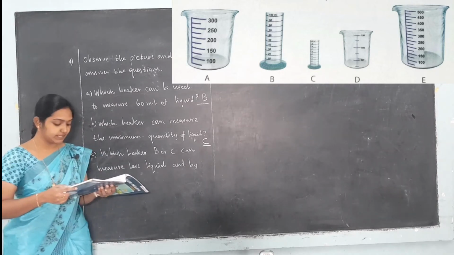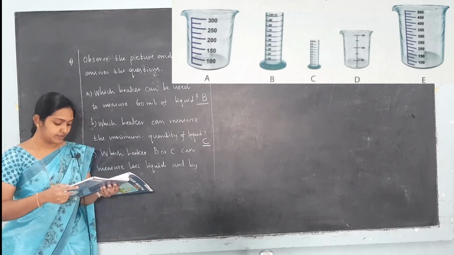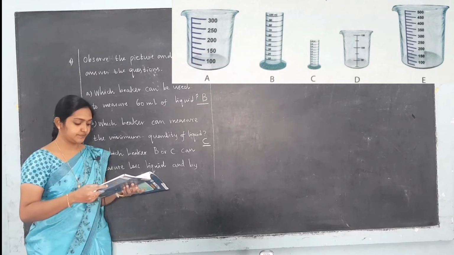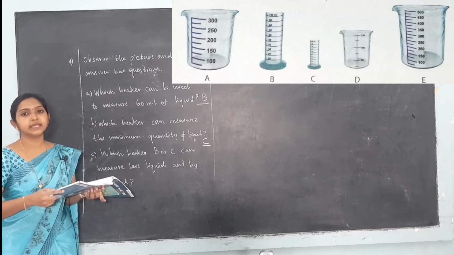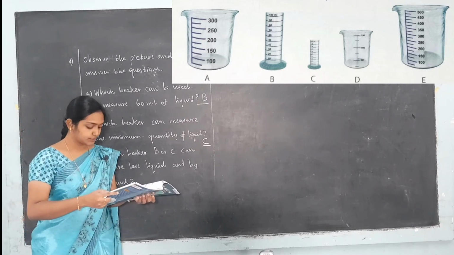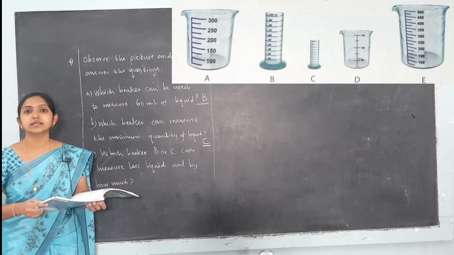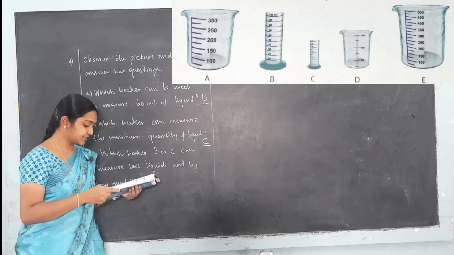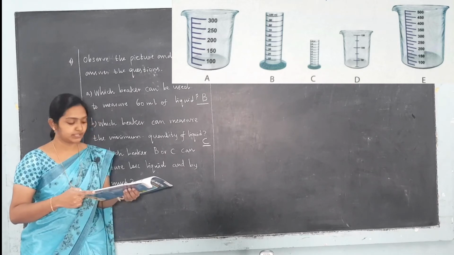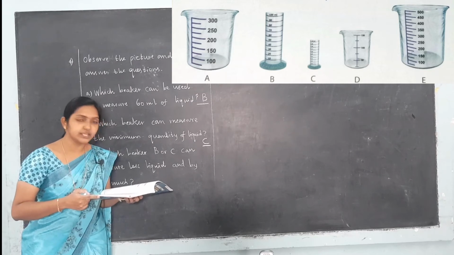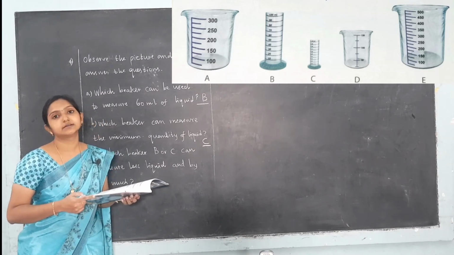Next, which beaker B or C can measure less liquid and by how much? Compare the beaker B and C. While comparing beaker B and C, we can see that beaker C is very small. So, beaker C can measure less liquid, and by how much? In beaker C, we can measure even 1 milliliter.